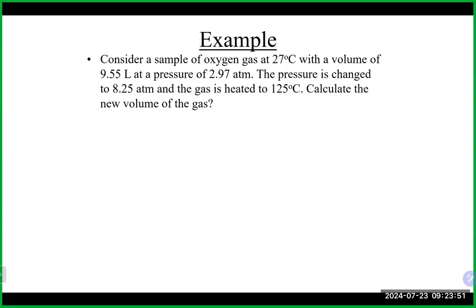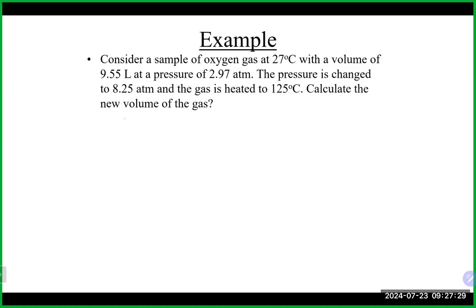Consider a sample of oxygen gas at 27 degrees Celsius with a volume of 9.55 liters and a pressure of 2.97 atmospheres. If we change the pressure to 8.25 and heat it up to 125, what is the new volume of the gas? So take a look.